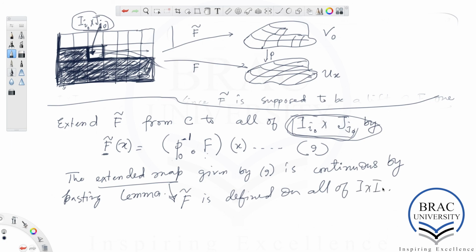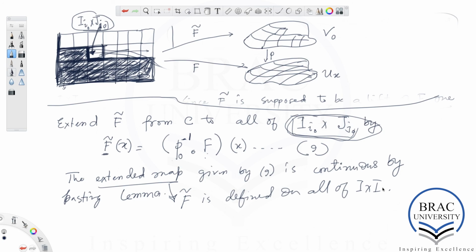Okay, good. Now it remains to show that f tilde defined this way is unique, right? And it actually follows from a beautiful generalized topological result, which I am going to do in the next segment.